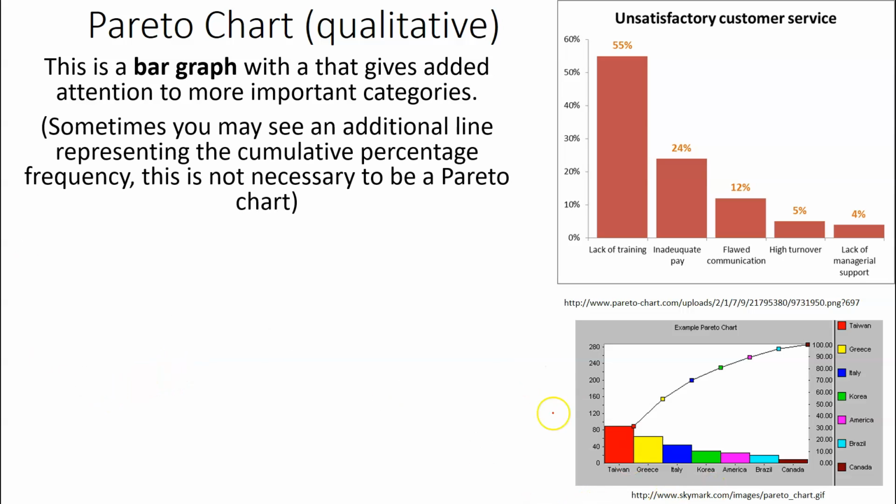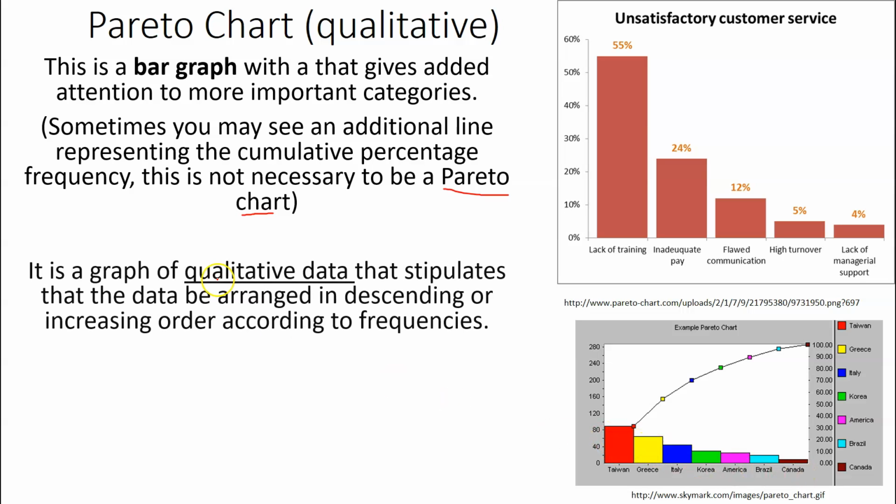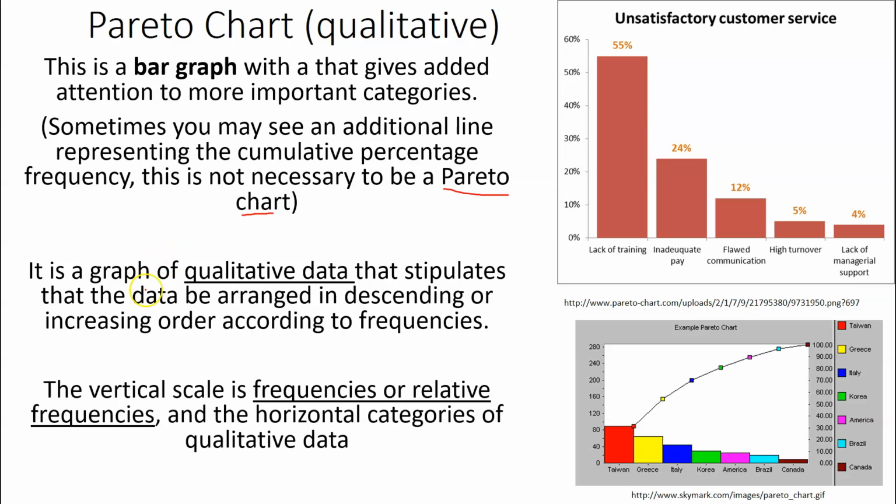This little deal down here, this is my comment. Sometimes you may see an additional line representing a cumulative percentage of frequencies. It's not necessarily part of the Pareto chart. Sometimes they put them in there, like this one, but the actual Pareto are the little bars down here going from most to least. Again, it's qualitative. You've got labels typically along the bottom, with your frequencies or relative frequencies, percent frequencies.